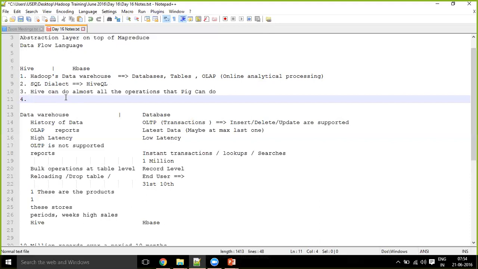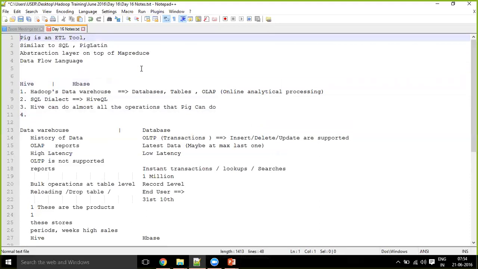Okay. So here, why I use ETL, I know why you are asking this question. As I was telling, Hive can do all the operations that Pig can do, and Pig is another ETL tool. Here, HiveQL you can take as a mechanism for ETL.